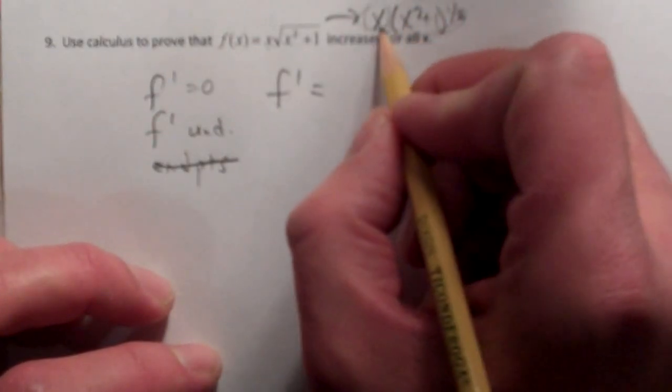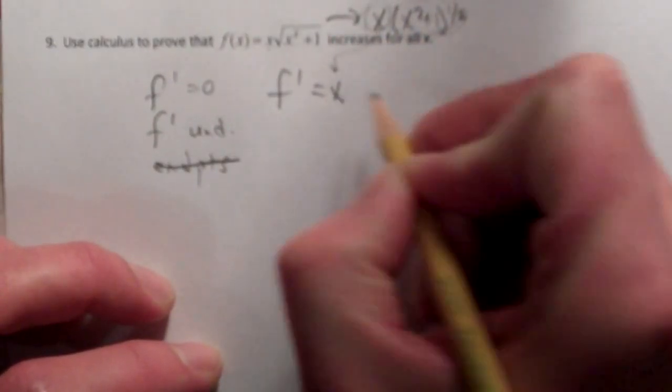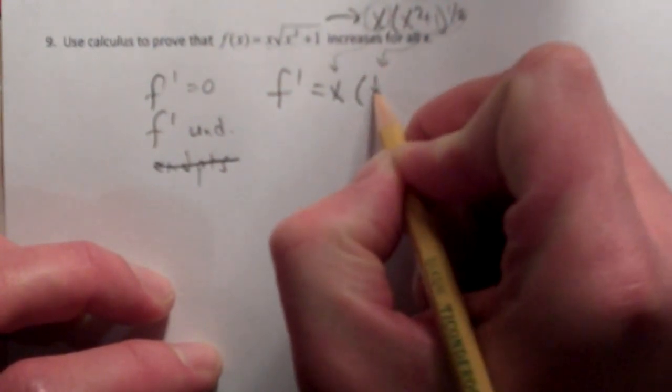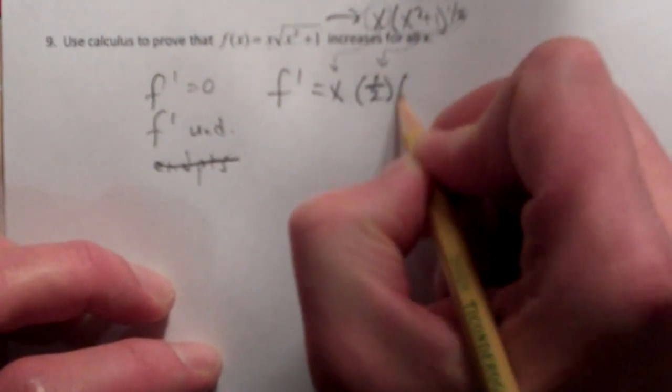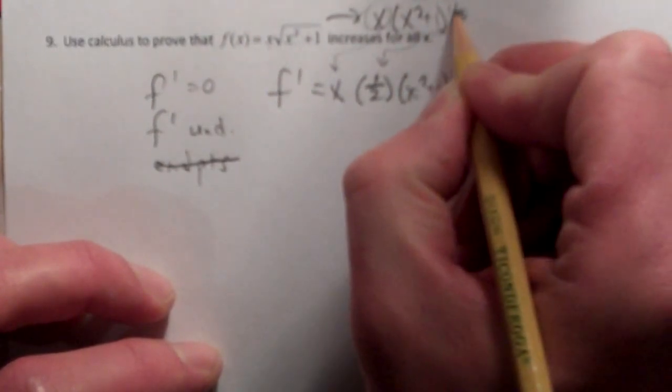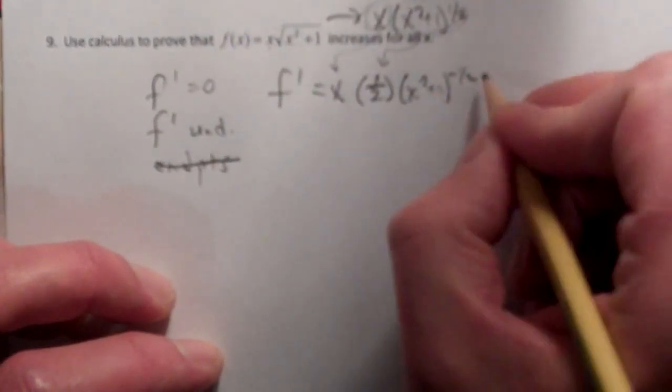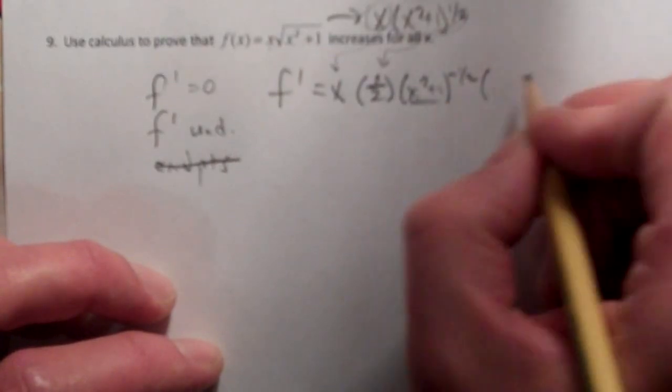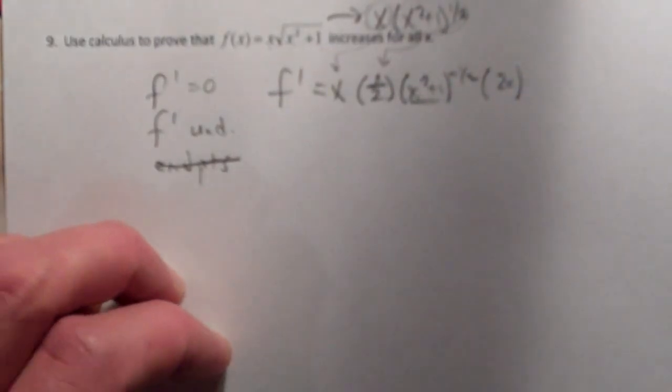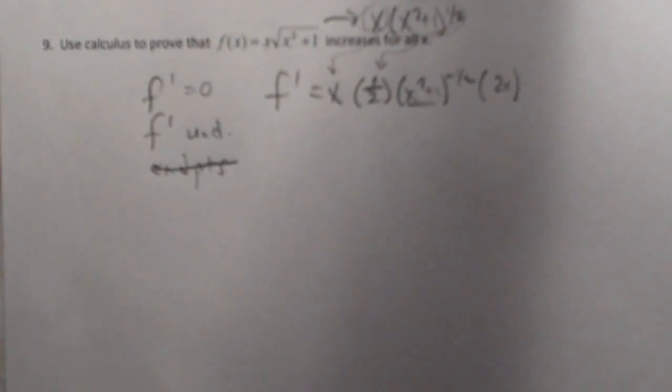So to do the product rule, I'm going to start with the first thing as is times the derivative of the second. So the half comes down, the quantity stays the same, the power drops by 1, and we chain on the inner derivative 2x. That is half the product rule.